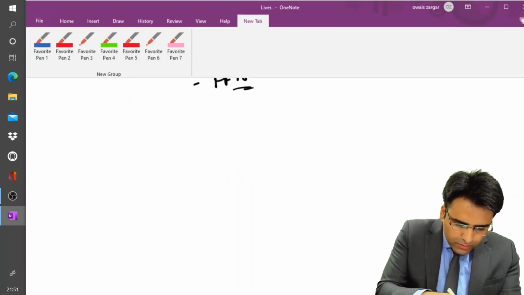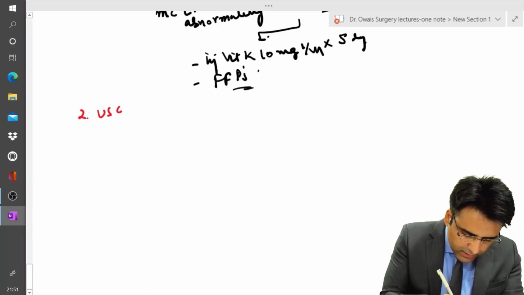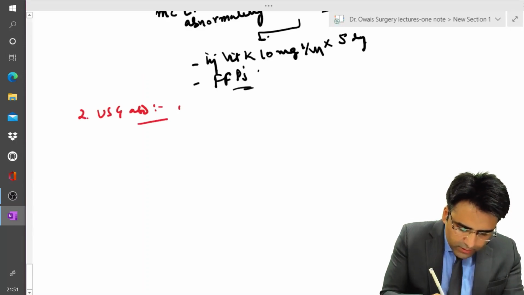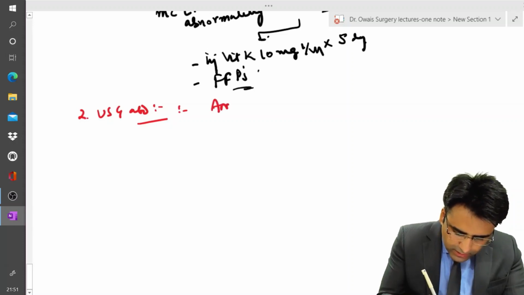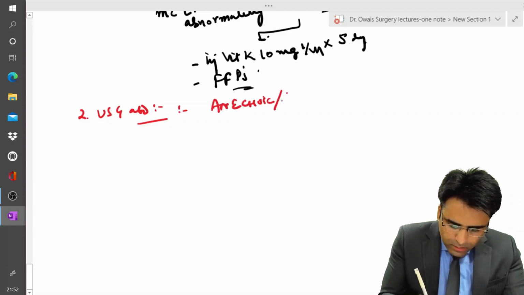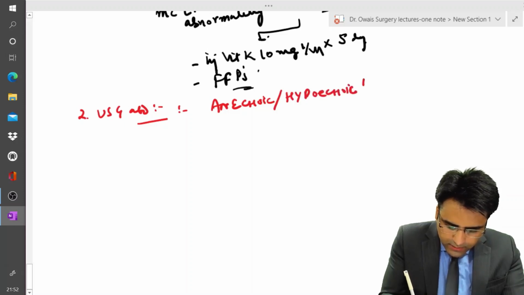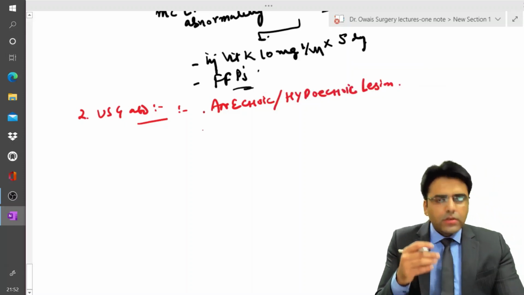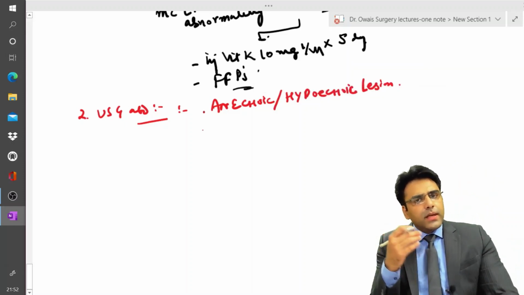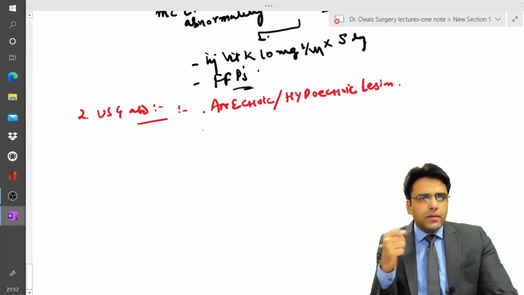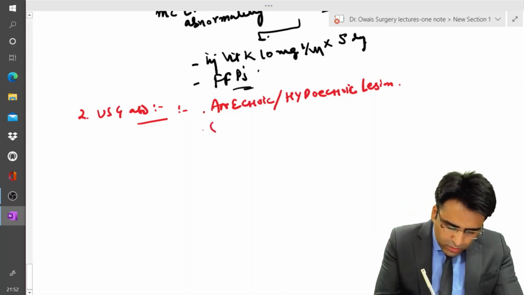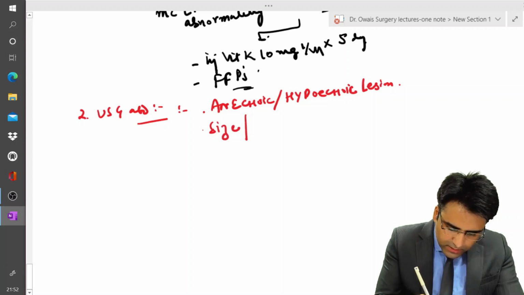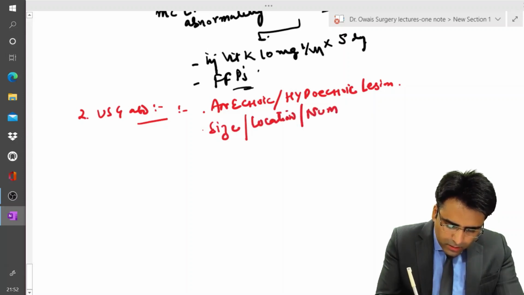Next important modality is ultrasound abdomen, which will show an anechoic or hypoechoic lesion in the liver. With the help of ultrasound we can determine the size, location and number of abscesses in the liver.